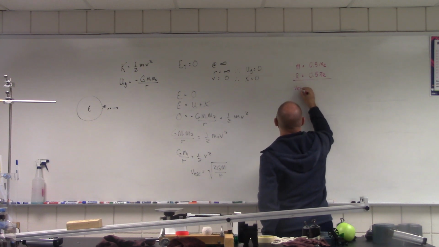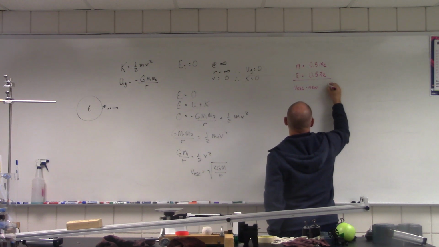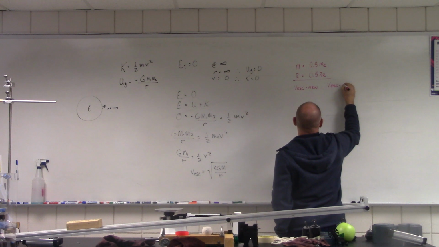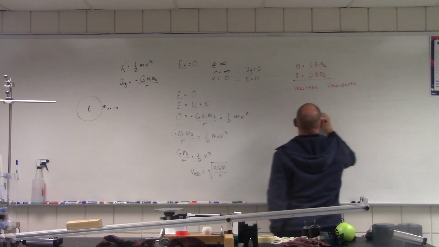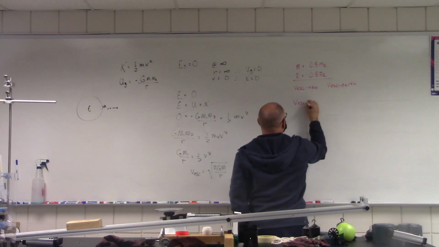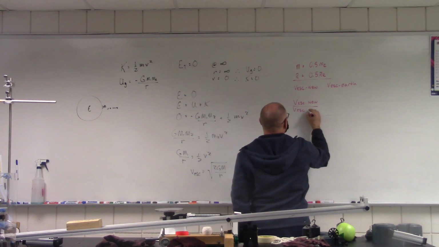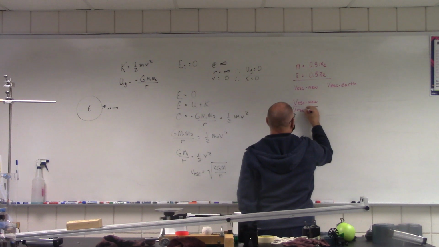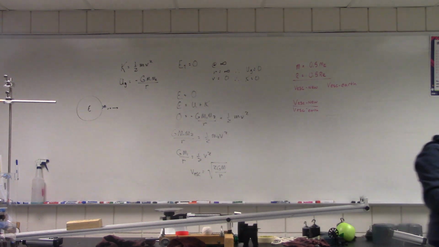How does the escape speed at the new planet compare to the escape speed at the Earth? And we'll do ratio. Okay? So there's a question like this. Is that cool?